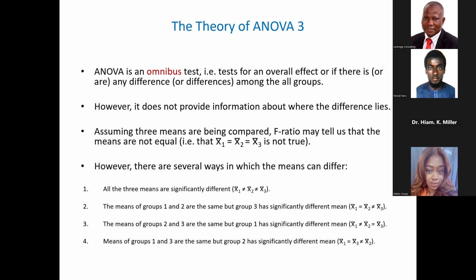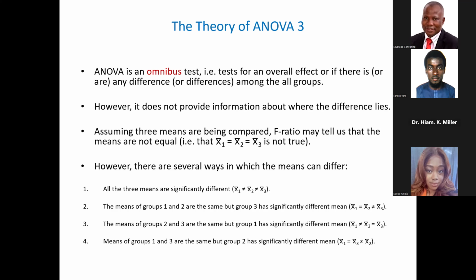Assuming 3 means are being compared, a significant F ratio may tell us that the means are not equal. However, there are several ways in which the means can differ. It can be that all the 3 means are significantly different, that is, X bar 1, X bar 2, X bar 3, all of them are not the same.